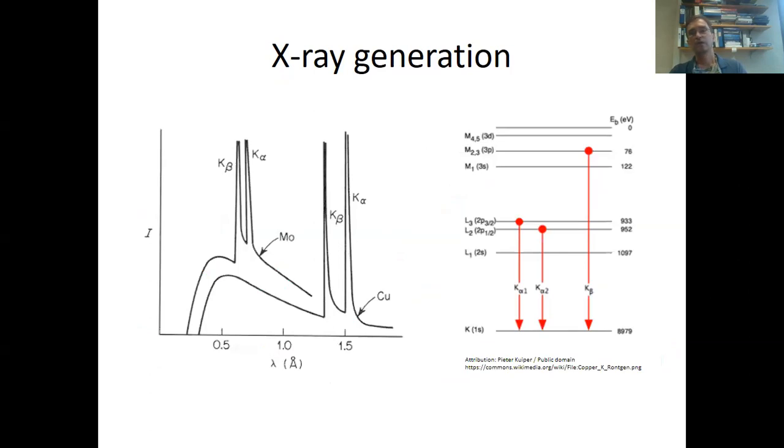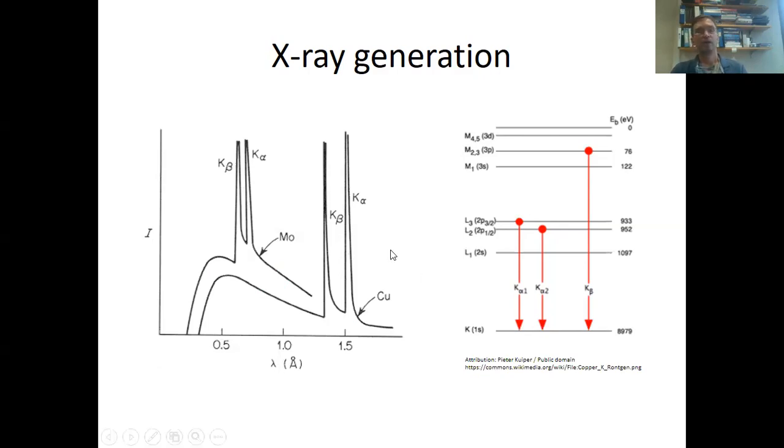In X-ray crystallography, we usually use so-called K radiation, which means radiation produced from the transition of an electron from an outer shell into the K shell.